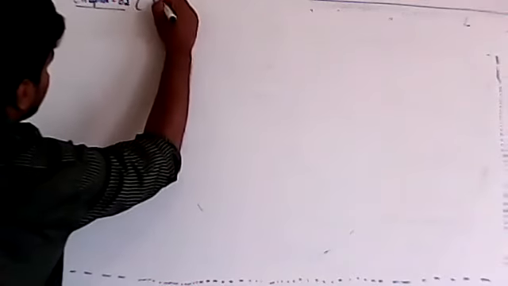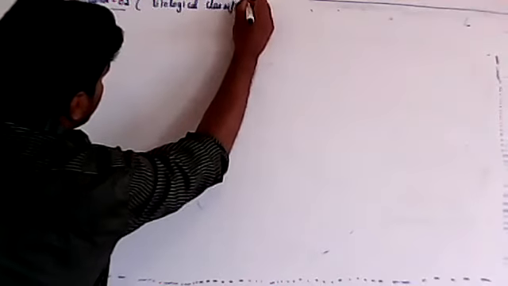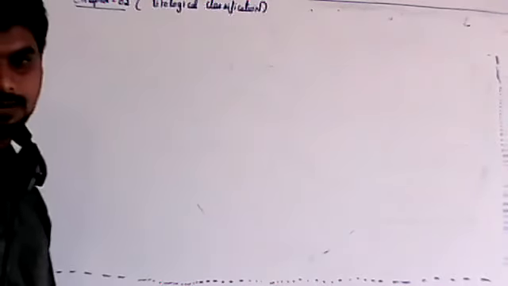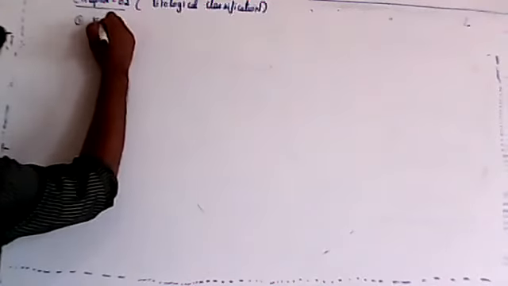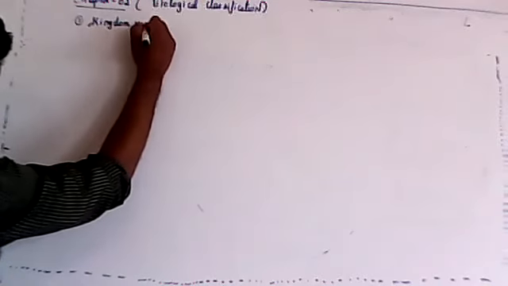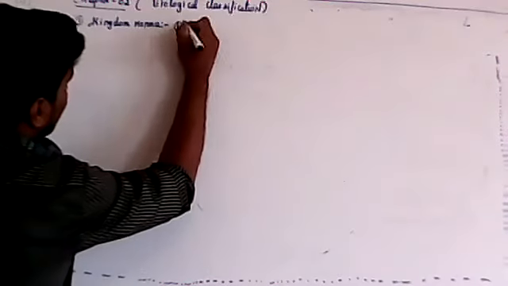First, you have to study in detail about kingdom Monera. Under kingdom Monera, you have different kinds of microorganisms: Archaebacteria, then Eubacteria, Cyanobacteria, and so on. You have to study in detail about everything that comes under kingdom Monera.